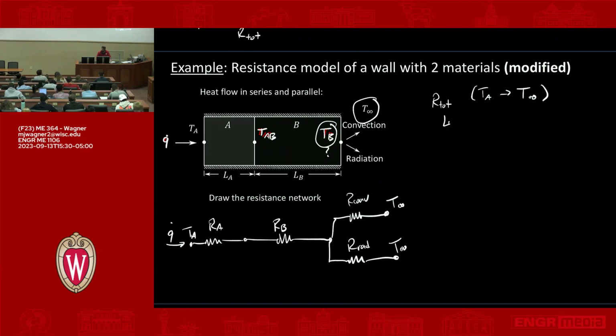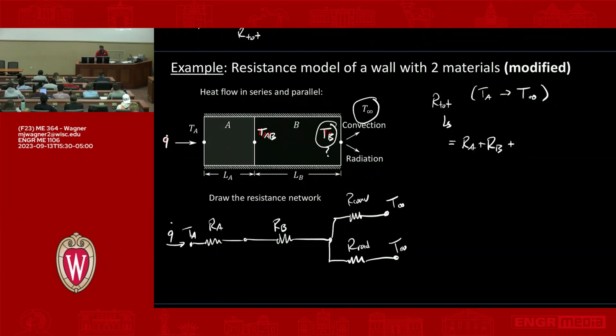So R total is going to be equal to the series resistance of RA plus RB plus, I guess, this combined resistance. Our convection and our radiation are both together in series with the other stuff. So we have to come up with our combined radiation and convection resistance for that part.